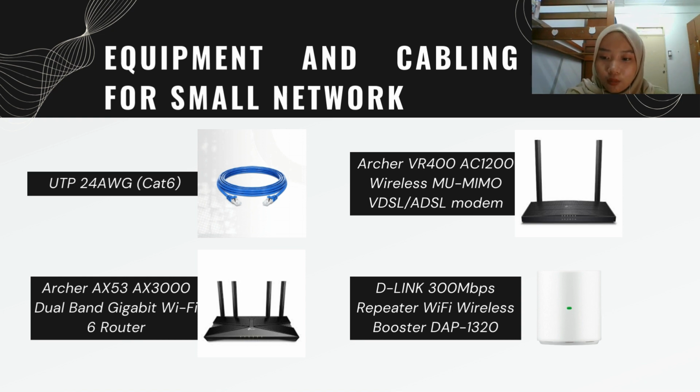Wi-Fi 6 is also suitable for smart home environments, and this router also offers dual band functionality, which is 2.4 GHz and 5 GHz bands. The 2.4 GHz band has better coverage, but it is prone to interference, while the 5 GHz band delivers faster speeds with less interference, but only over shorter distances. AX3000 speed refers to the maximum combined speed across both bands.